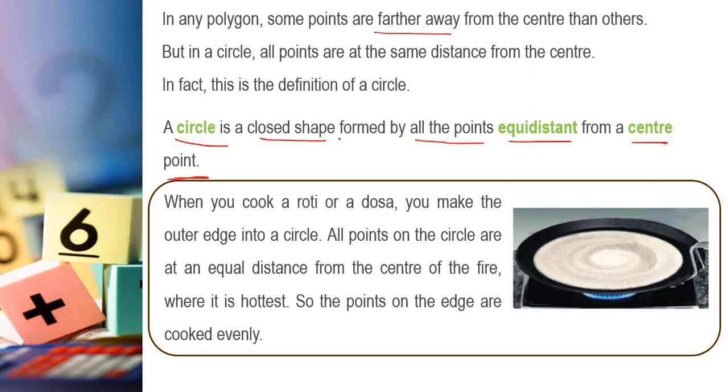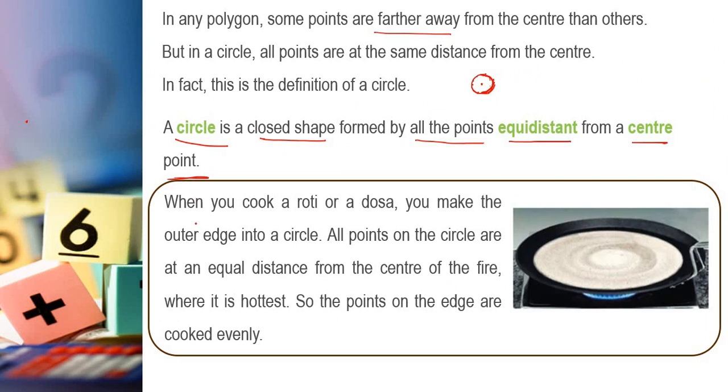A circle is a closed shape and it is formed by all the points from a center with equidistance. Okay? A circle is a closed shape formed by all the points equidistant from a center point.